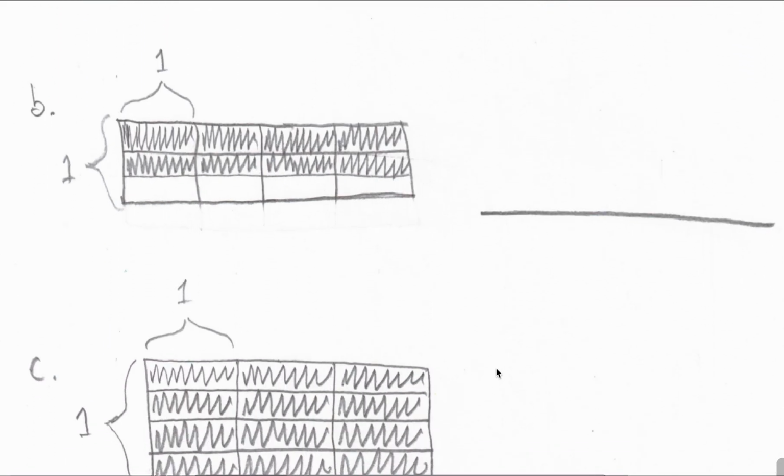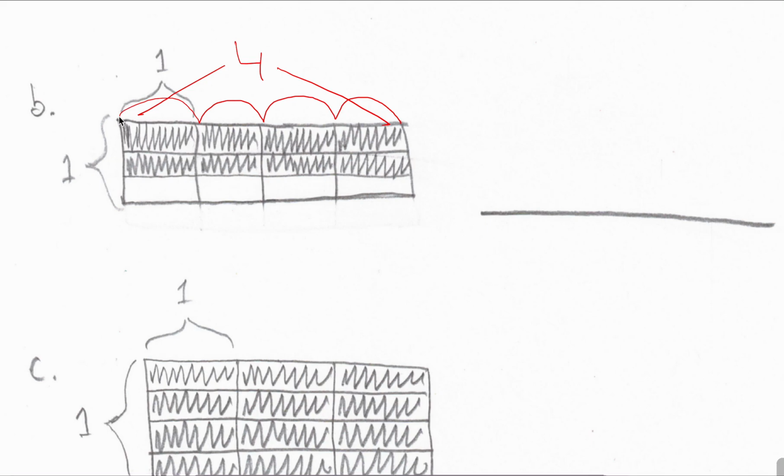How about this one? In this one, on this side, we can count that we have 1, 2, 3, 4. So that means that from here to here, I have 4.